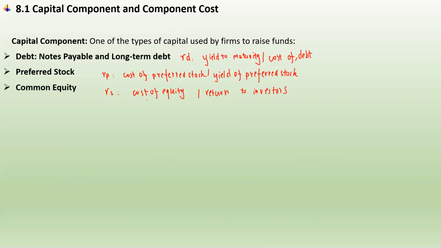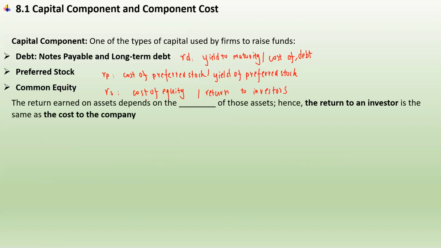Then how could we find out the cost that the firm has to pay to use all three types of capital? We introduce this concept, the so-called weighted average cost of capital. The weighted average is exactly the same concept we saw before: weighted average expected return, weighted average beta. The return on assets basically depends on the risk of assets.